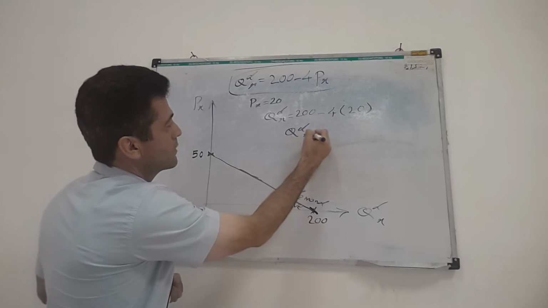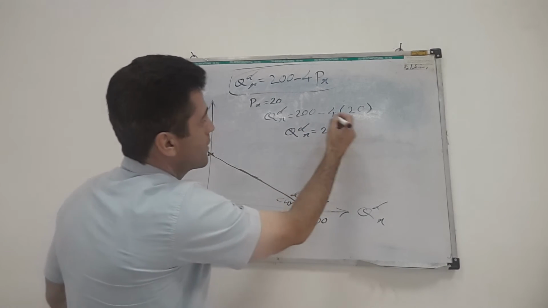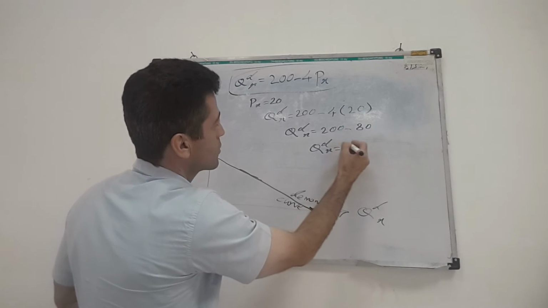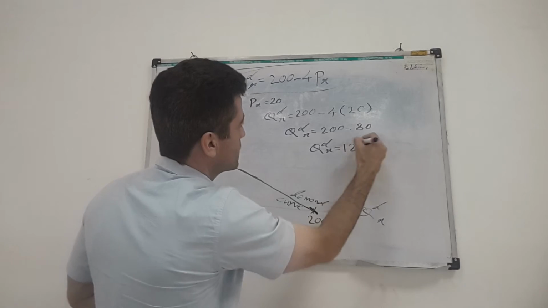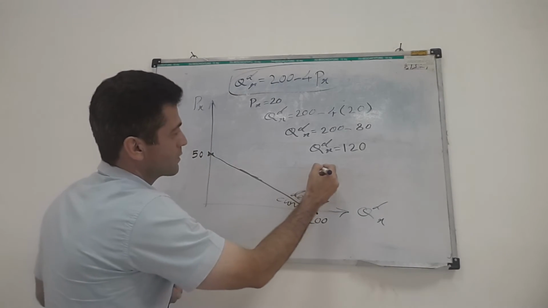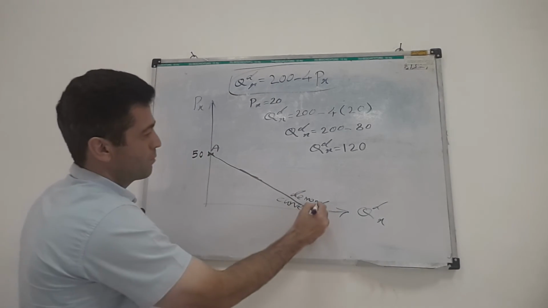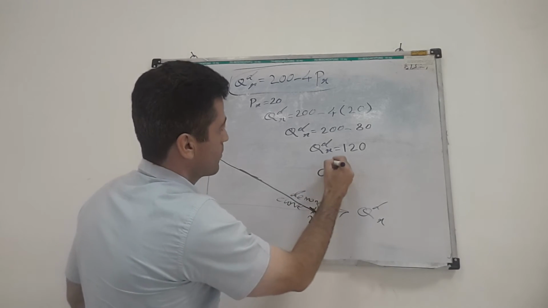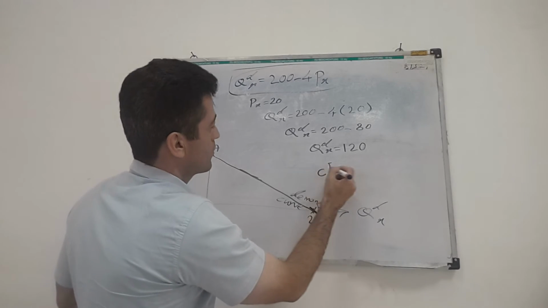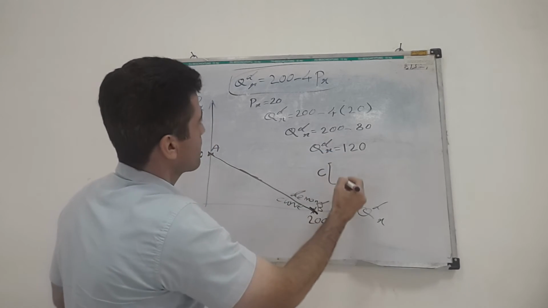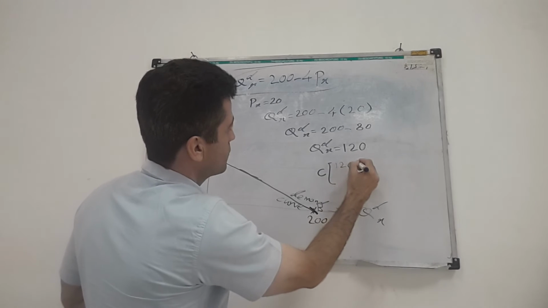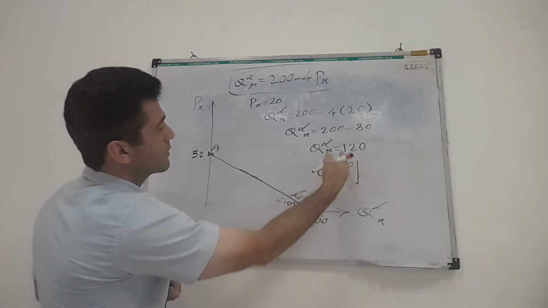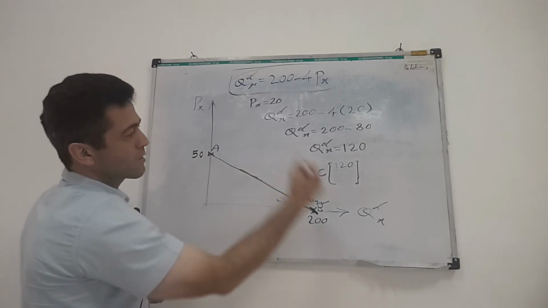Quantity demanded for X equals 200 minus 80, or quantity demanded for X equals 120. We consider this point as point C: 120 for the x-axis, and for the y-axis it is 20.